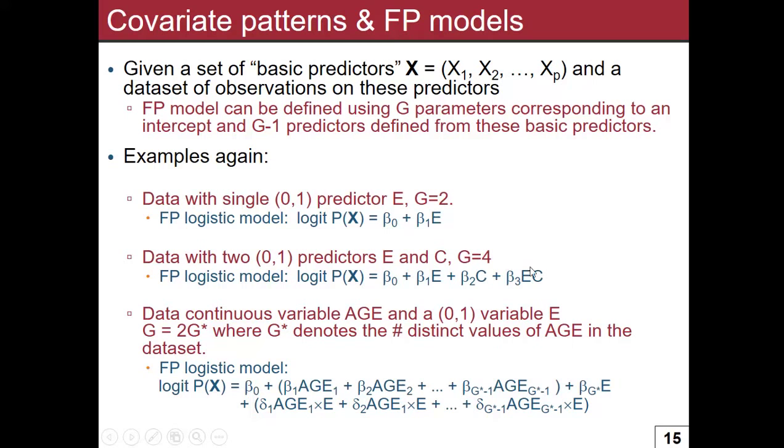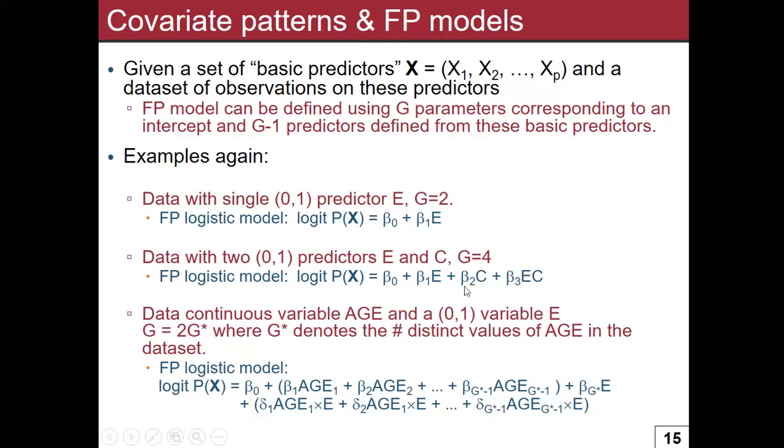Before, I talked about when you have a single exposure. You only measured one exposure, so the most complicated model you can make would have just intercept and exposure. Well, it has 2 terms in it. That's actually the number of unique covariate patterns. We just said on the earlier slide that G equals 2.